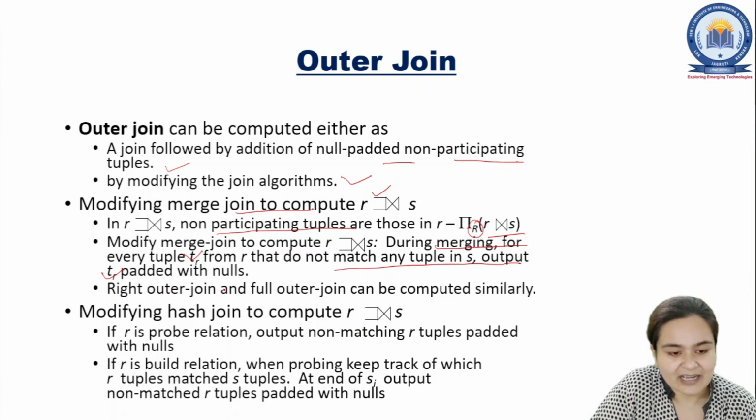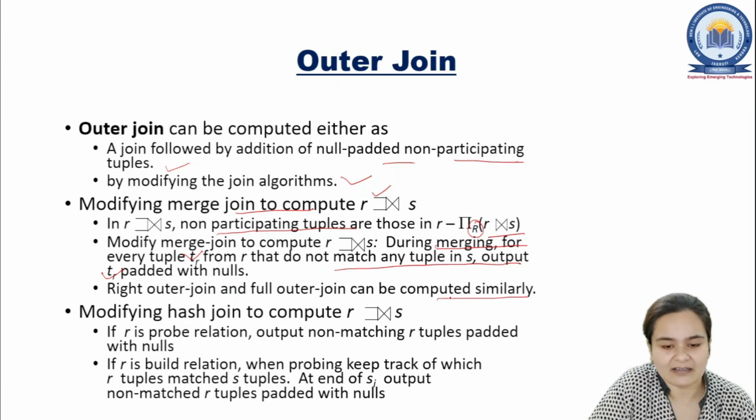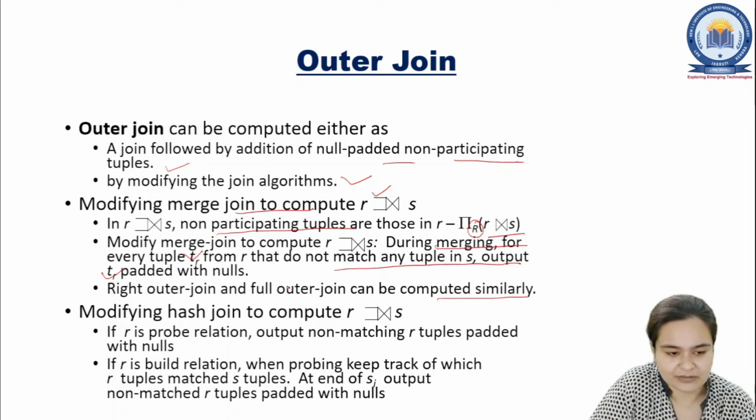So right outer join and full outer join can also be computed similarly. We have to keep the respective values as null, padding what does not satisfy the condition.